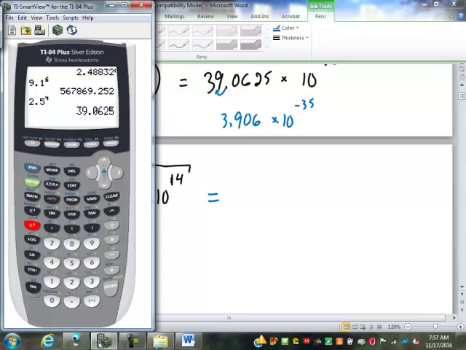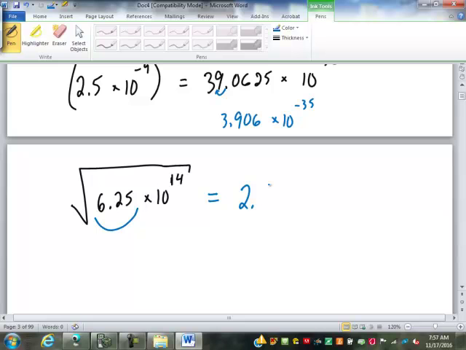There it is, 2.5. What do I do to my power of 10? Well, just like I did with my variables, when I square root, the power is divided by 2. So 10 to the 14th, square rooted, is 10 to the 7th.